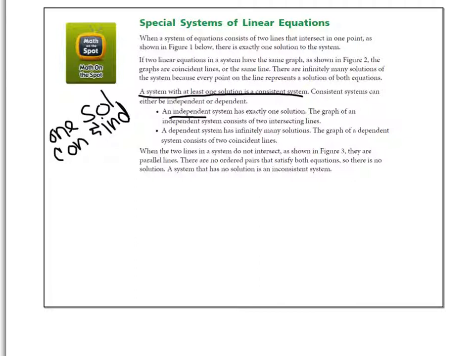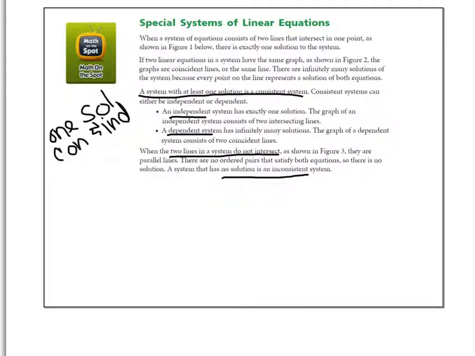Well, let's think about it. How many other ways could the two lines cross each other? Well, hopefully you figure out what if the lines don't cross. So if the two lines do not intersect, that means they're parallel lines, and we say that it is inconsistent, and there's no solution to it. Okay, so it can cross once, it could not cross at all, or it's what we call a dependent system.